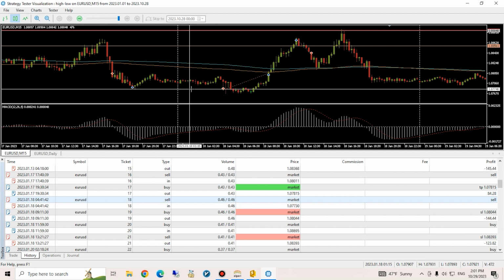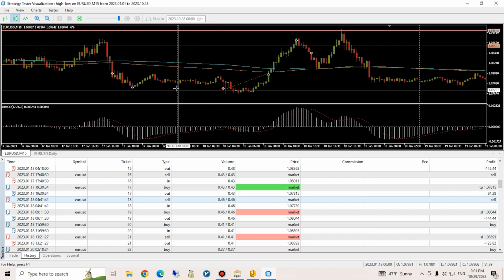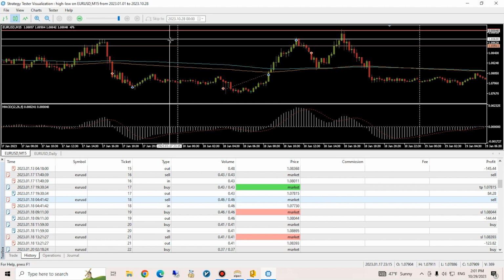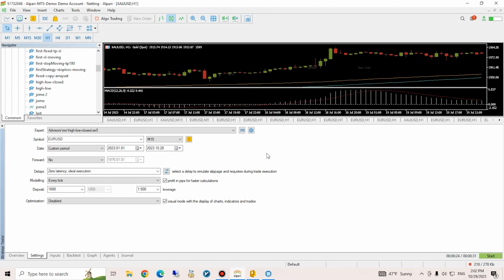So I will change the code, so once a candle goes down and closes below the lowest price or above the highest price, we will open positions. So now I will test the other strategy, that is once the price goes above or below the highest and lowest price of yesterday and the candle is closed above or below, then we open a position.